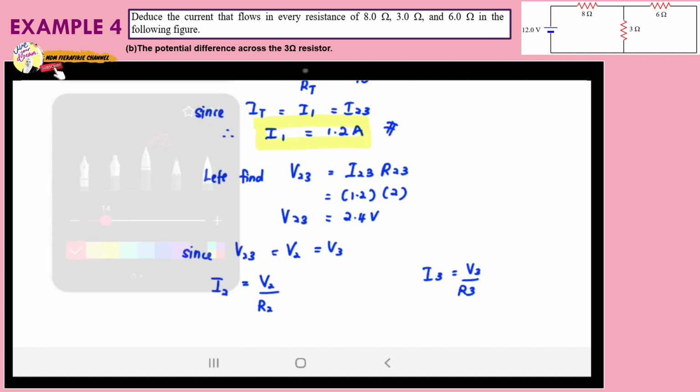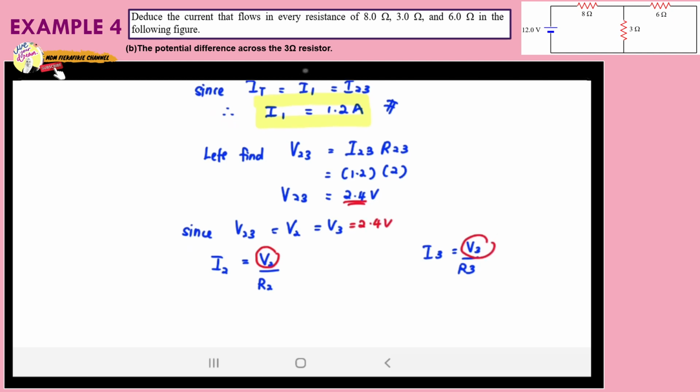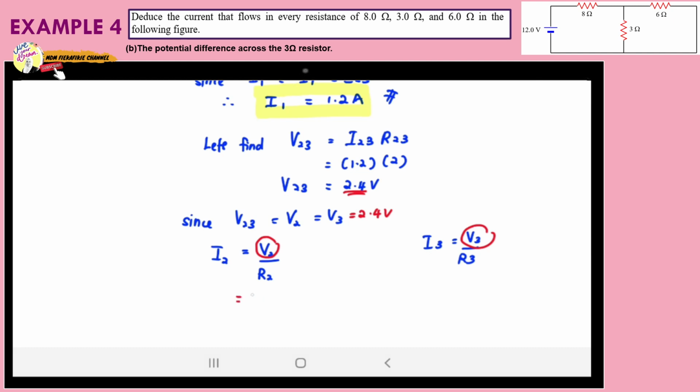So sekarang V2 nak dapat daripada mana? Inilah tadi, V23 dah dapat 2.4, and they are 2.4 volt. Same goes to V3. So you can substitute: V2 is 2.4 but R2 is equal to 3 ohm. So kita dah dapat jawapan kita, I2 is equal to 0.8 ampere.